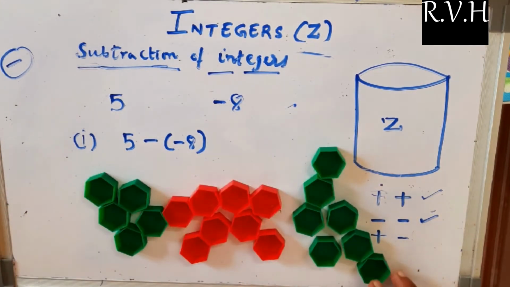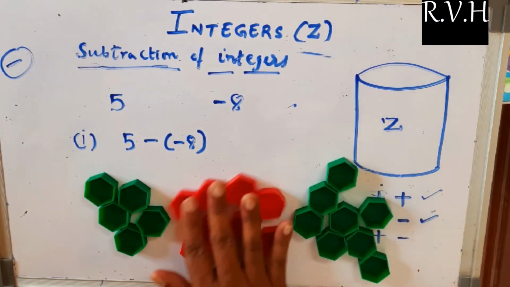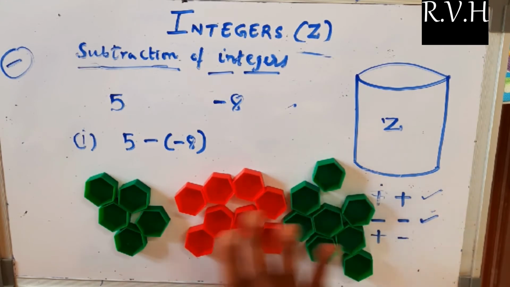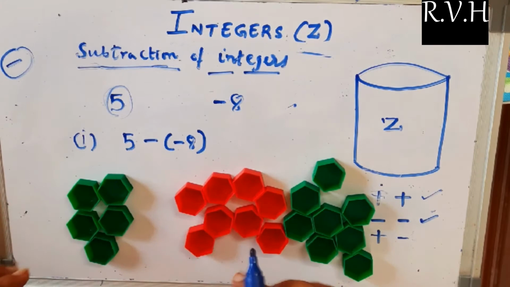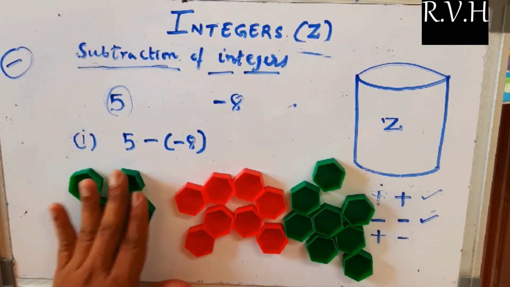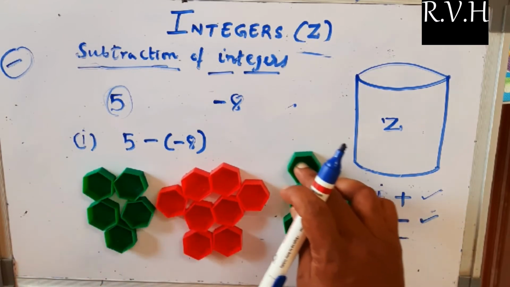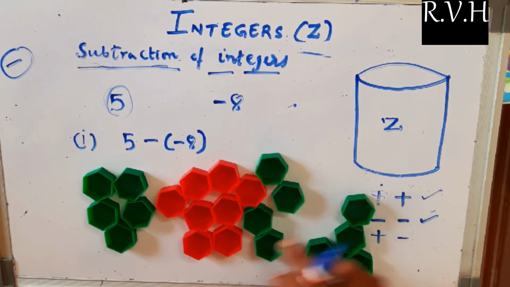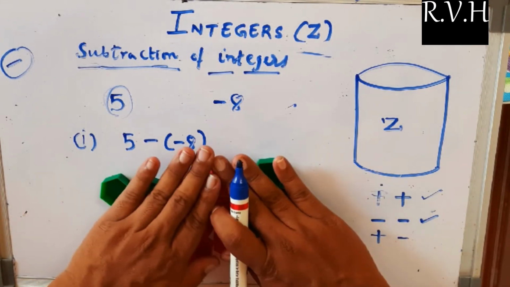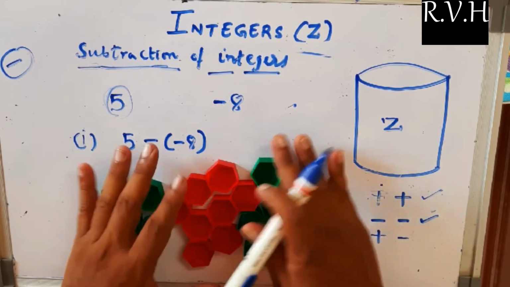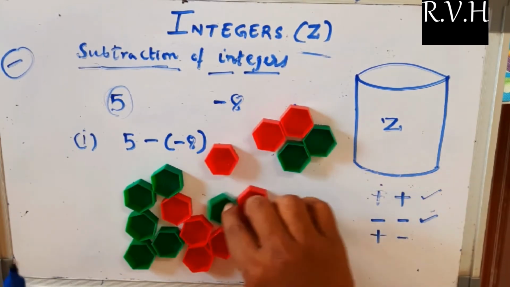Yes, I introduced 8 green ones to neutralize them because we have 5 at the beginning. Out of 5 I have to remove 8 red ones. So I introduced 8 red ones, and to neutralize each one I introduced 8 green ones. So all in all this is 5. Isn't it interesting? Fantastic. This is 5. You can count, they vanish like this, and you're going to have anyway 5.